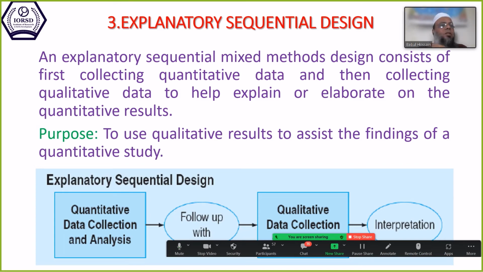When it is an embedded sequential mixed method design, you get some variables which experts say are the responsible factors for this problem, and you get the hypothesis result there.